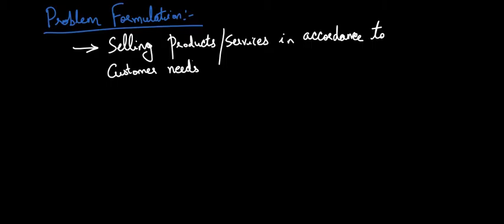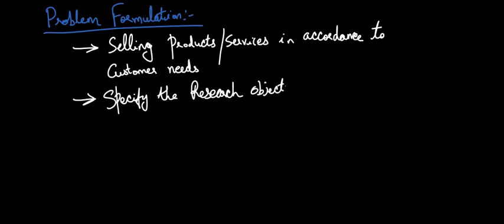And for doing this, how to solve this problem? So first, to make this happen, you have to specify the objective of your research, so that you don't miss out on most important things in further processes. This specification will help you in developing effective research.